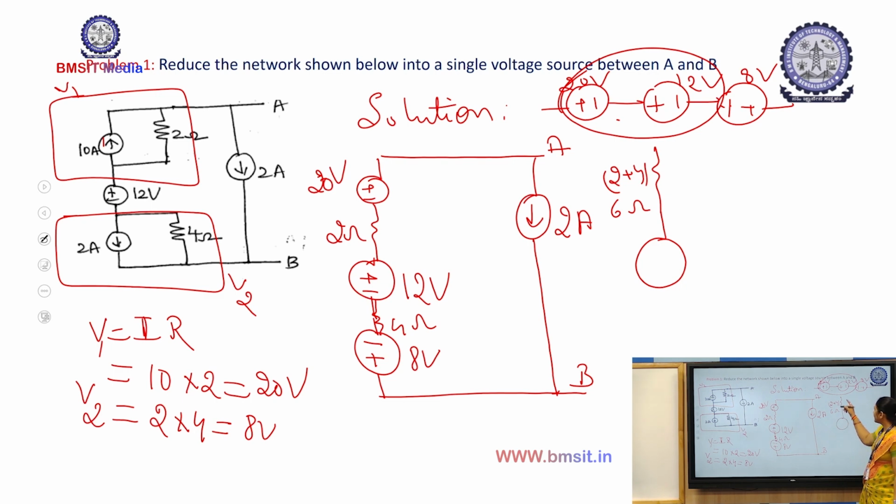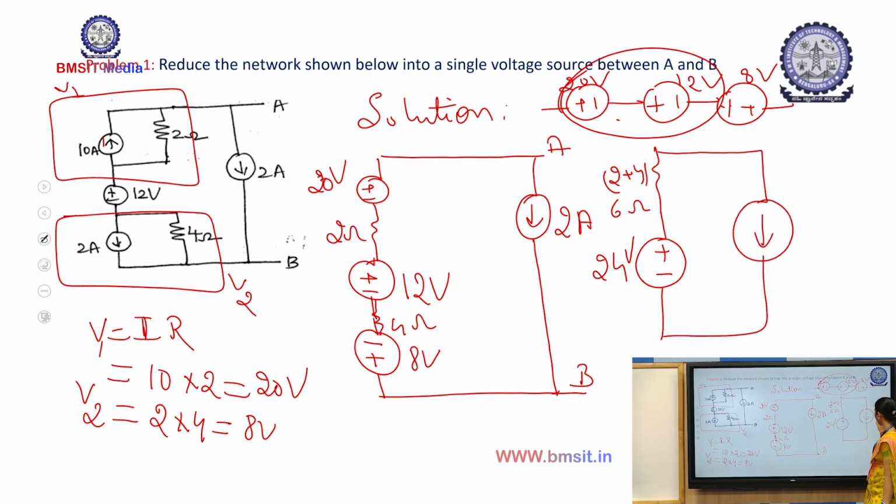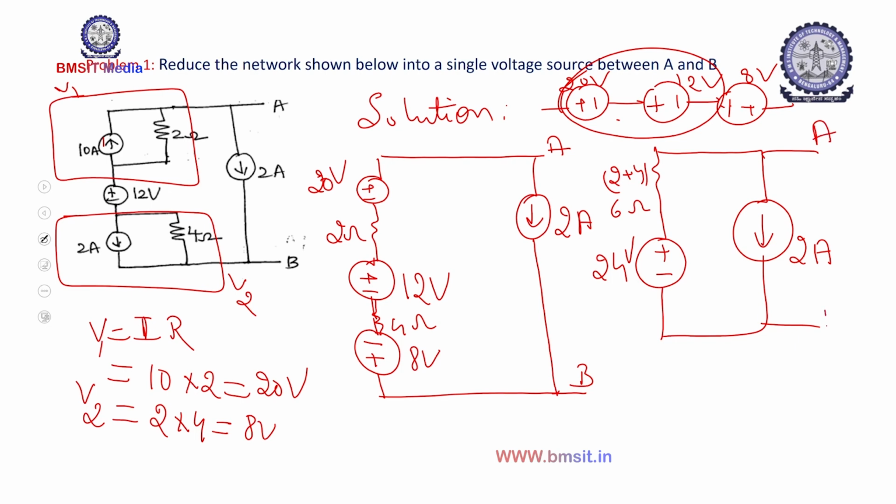The polarity of the 32 is plus and minus. So it will come to 24 volts. Once again, this will be connected in parallel with the 2 amps current source between the terminals A and B.